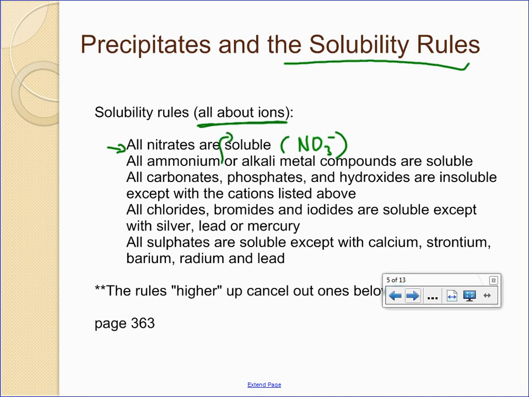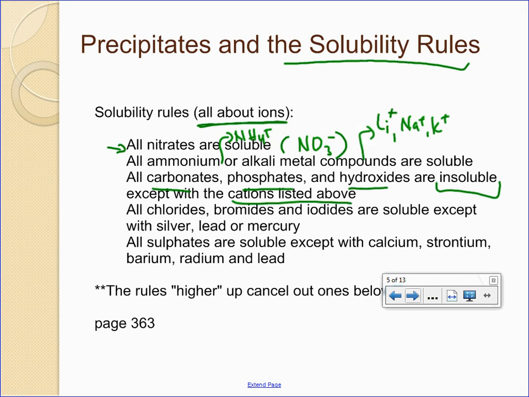All ammonium, NH4, or alkali metal compounds are soluble. And by alkali metals, we mean the lithiums, sodium, potassium, and so forth. Those are the three main ones that we will deal with. All carbonates, phosphates, and hydroxides are insoluble, except with the cations listed above.